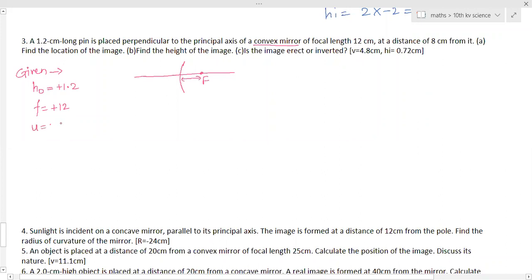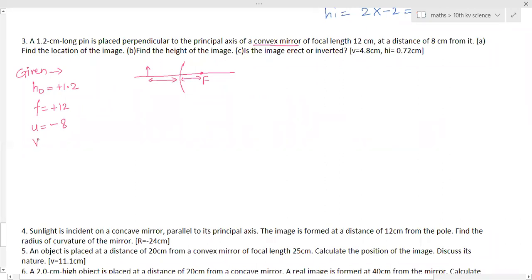Plus or minus? Where are you keeping the object, on right hand side or left hand side? Left hand side. Always we keep the object on the left hand side, as we have drawn in all cases. So distances on this side are negative. So this is minus 8, no? Clear? Yes, ma'am.